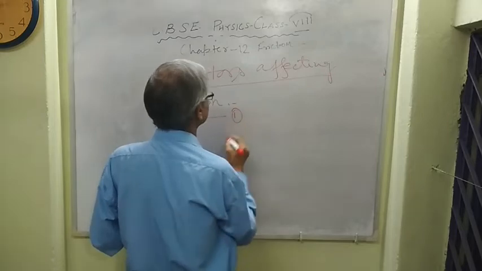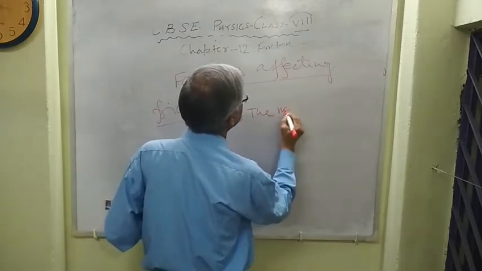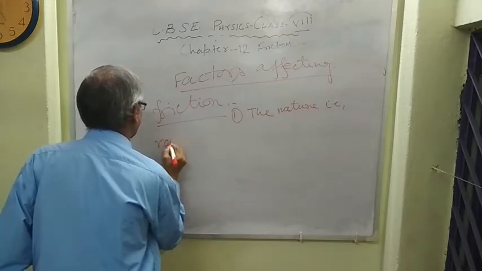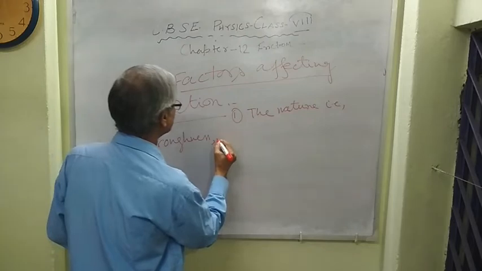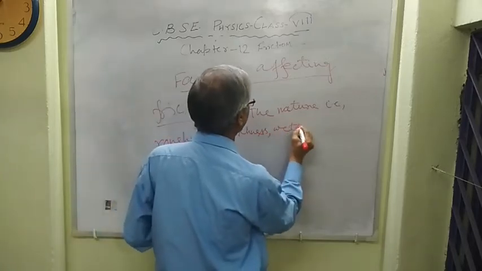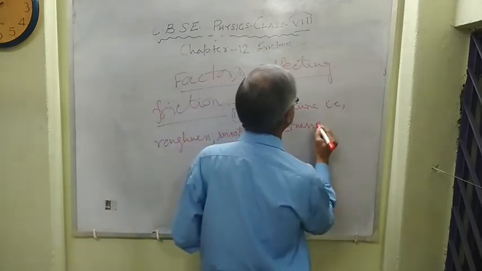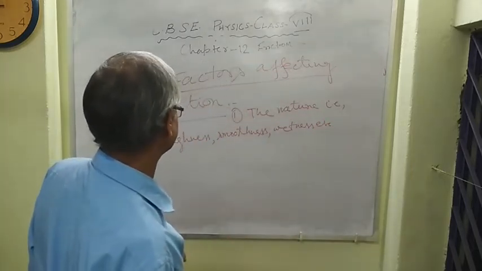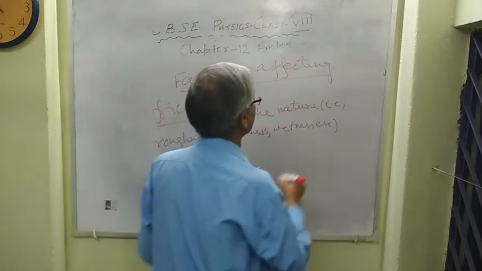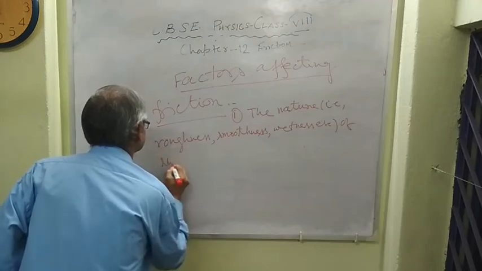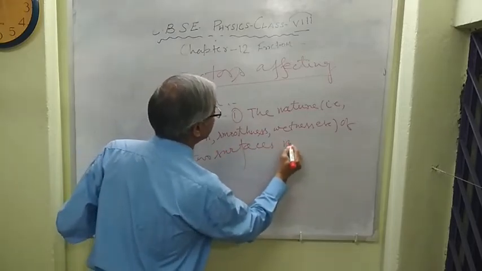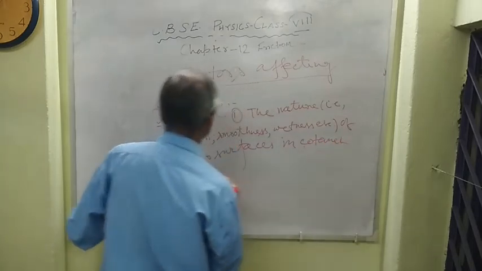Number one, the nature, that is roughness, smoothness, polishness, etc., of the two surfaces in contact with each other.